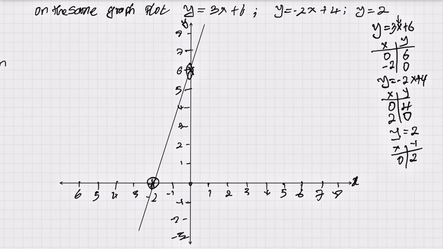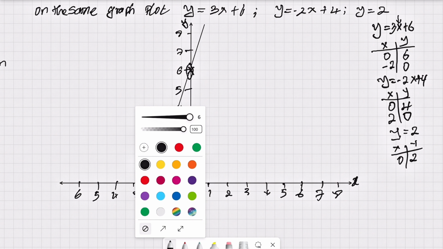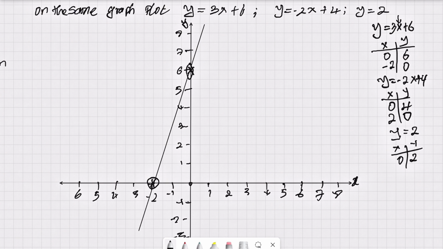So for the second graph, we are going to have 0, 4: 0 on the x-axis and 4 on the y, which will be right there. And we have 0 on the y-axis and 2 on the x, which will be right here. So we're just going to draw the line.